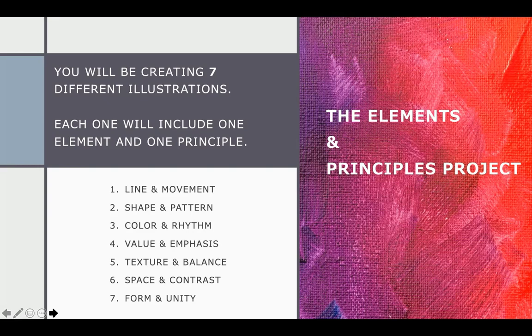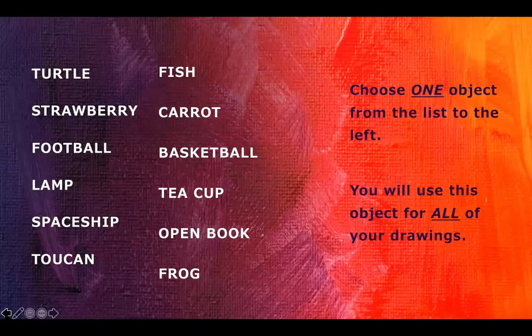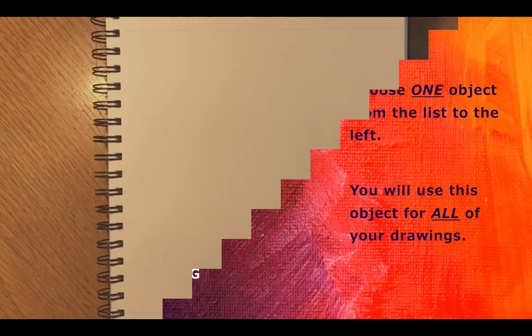The fourth one, turtle again, illustrating value and emphasis. Turtle for the fifth one, illustrating texture and balance. Turtle for the space and contrast, and a 7th turtle illustrating form and unity. Again, you don't have to choose a turtle. You have 12 different things you can choose.